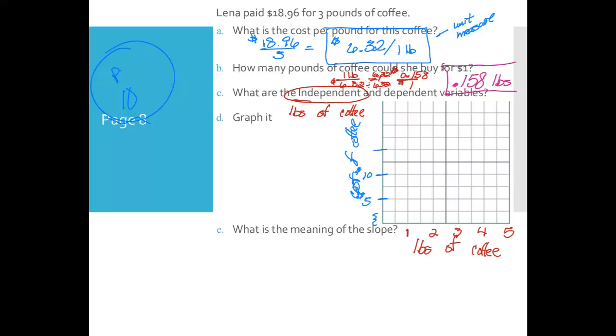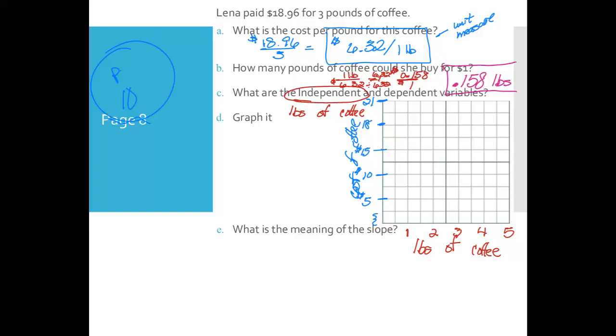Okay. So $5, $10, $15. Oh, I should have done this better. $18. This would be $21. So for 3 pounds, it is $18.96.